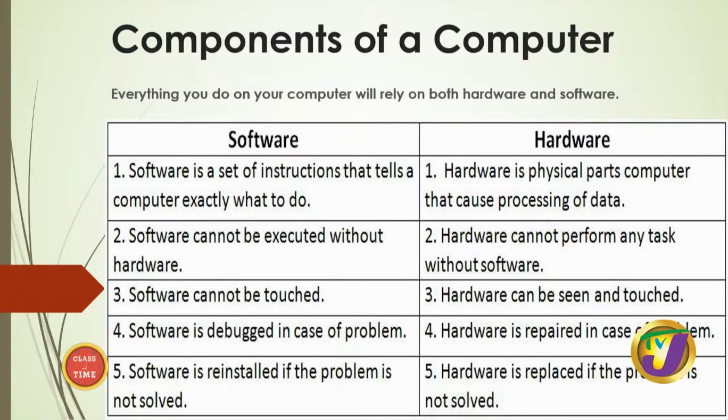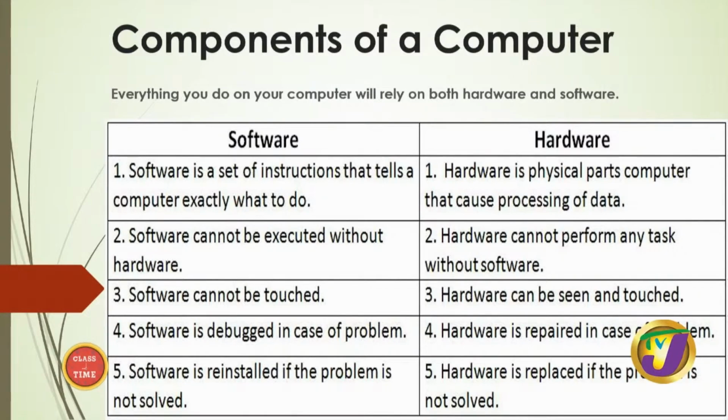We are now moving on to the components of a computer. Now, everything that you do on the computer relies on both hardware and software. One cannot work without the other. Hence, we say that software is a set of instructions that tells a computer exactly what to do.